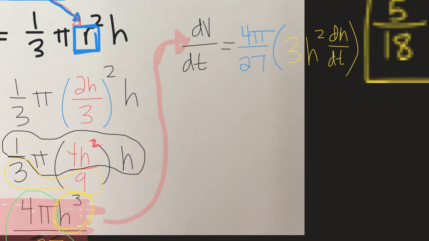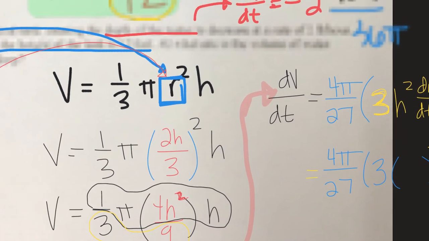If there is a good thing, it's that these problems are all done pretty much the exact same way. You're always going to have an h cubed. You're always going to have a constant. So we have 4 pi over 27 times 3. What is the height at this specific moment in time?